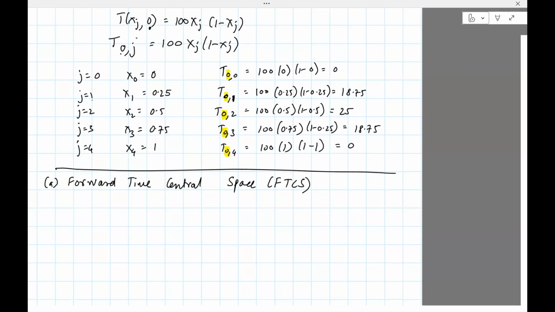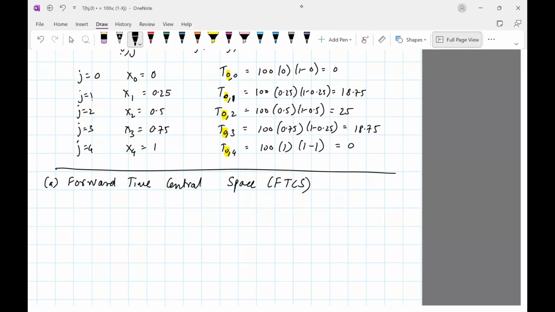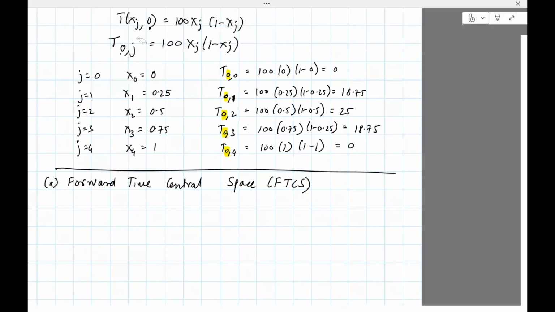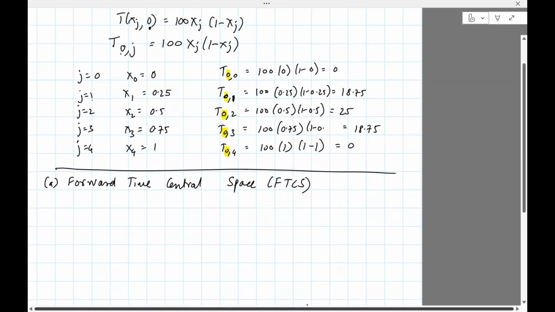Yes, question. Oh, did I make a mistake? Yes, that's a good catch. This should be 7.5. Yeah, my bad. Good catch.